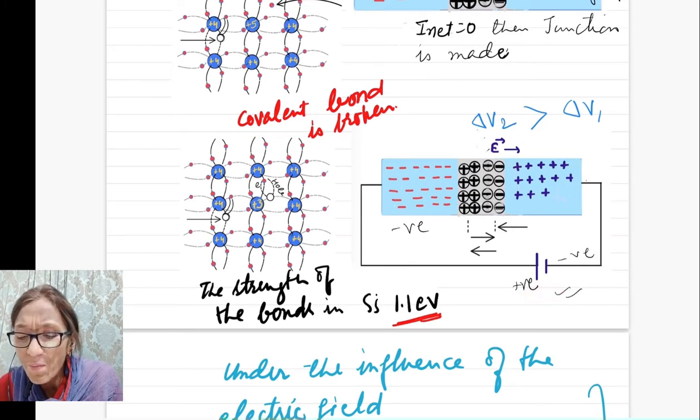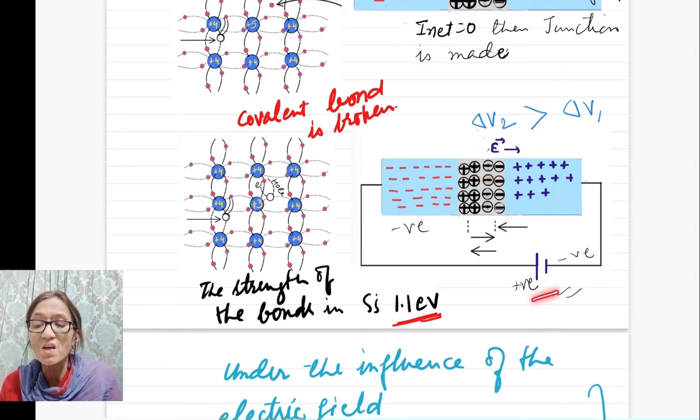So when you apply reverse bias, you find that reverse current appears. Actually, the reverse current was not created by this potential. We learned Ohm's law, V is equal to IR: on applying potential, current develops.